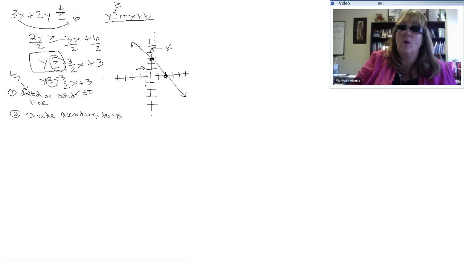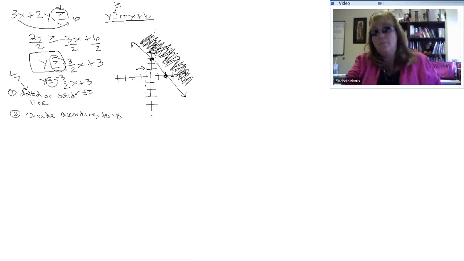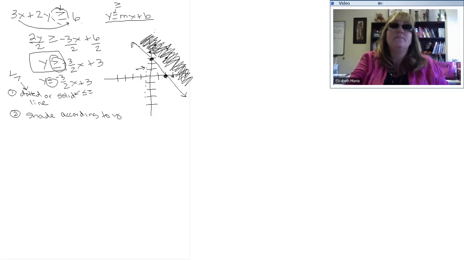Well, y gets bigger above the line, so that's where you shade. Because your problem is asking, what can x and y be so that the answer is greater than or equal to 6? Anything in the shaded area will work. This point would work. This point would work. This point would work. This point would work. You're giving all the answers that way.